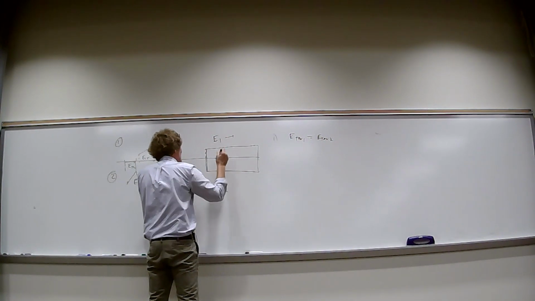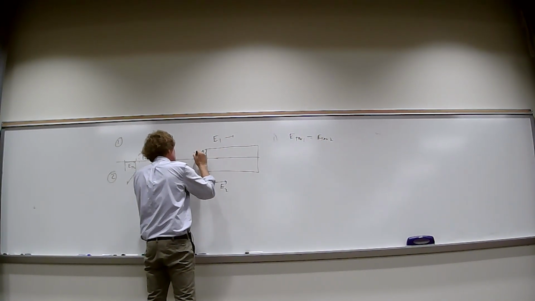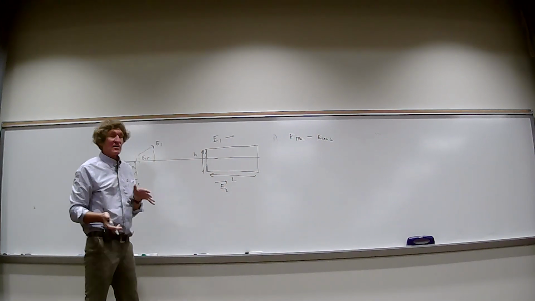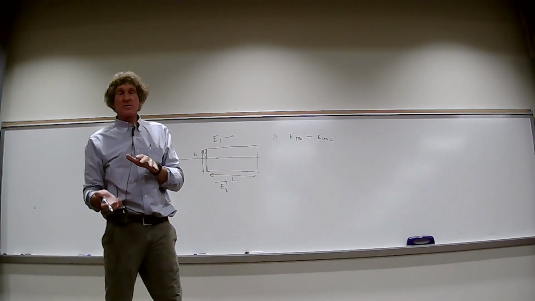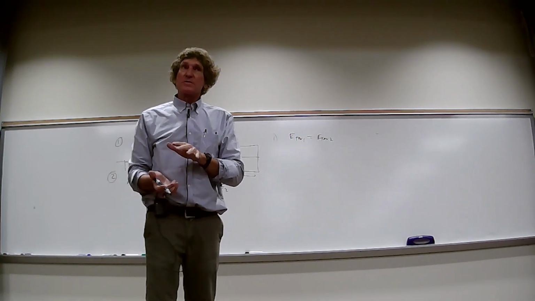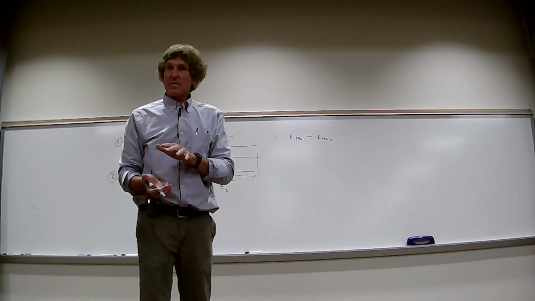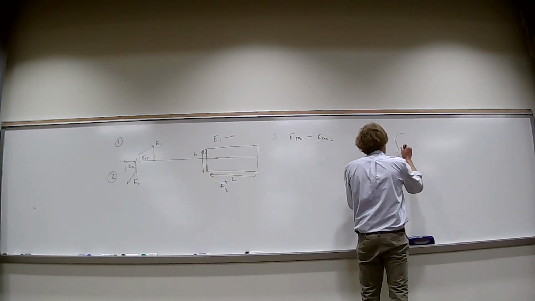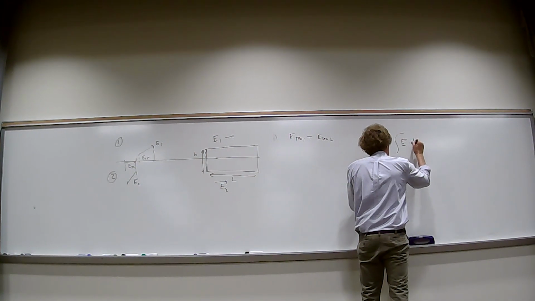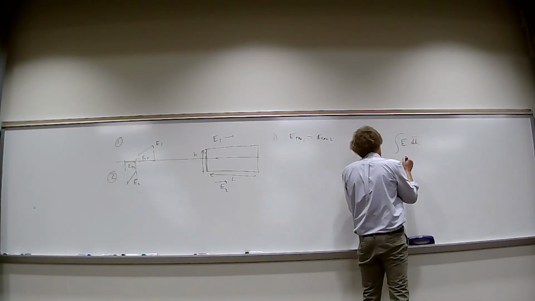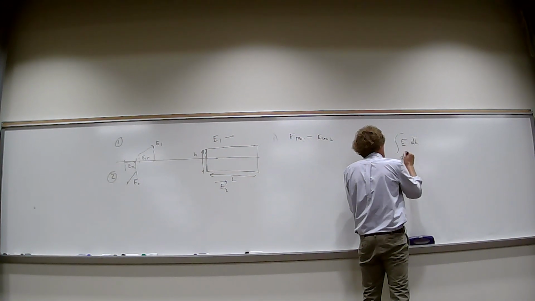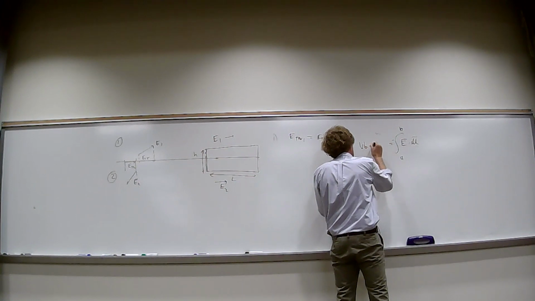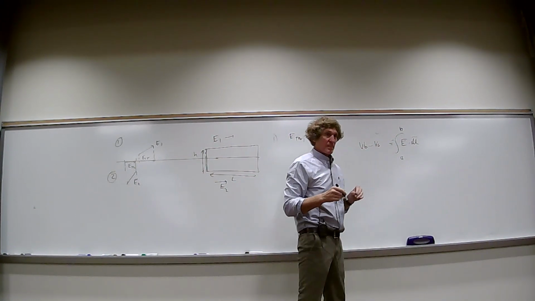As such, I'm going to let this be H, and I'm going to let this be L. So it's a rectangular surface where H is perpendicular to the surface that separates the two regions, and L is parallel to it. Now you know that the integral of E dot dl between A and B, with a minus sign, is equal to VB minus VA, right?